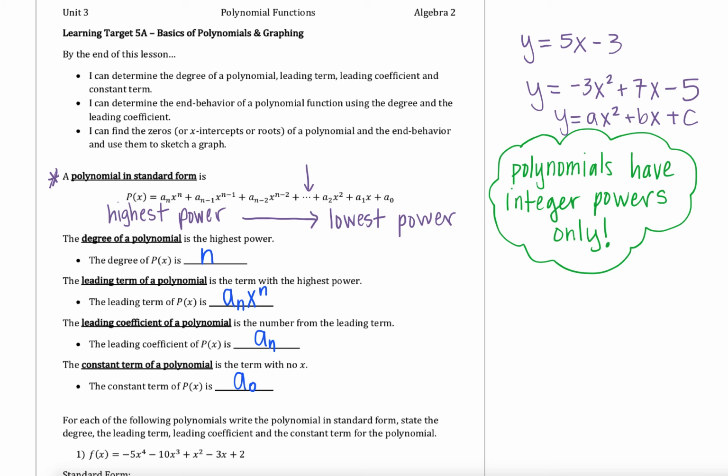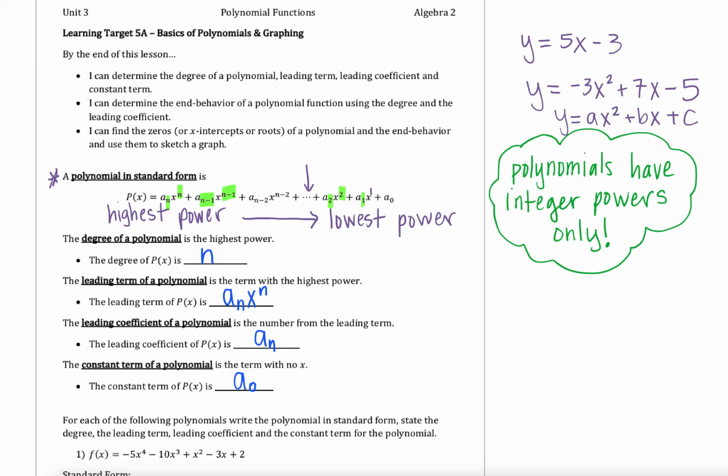Instead, we're using this notation where we have a with a subscript here. That n is our subscript that matches the exponent power there. So a sub n is attached to that x to the n power, and a sub n minus 1 is attached to the n minus 1 power on there, all the way down the line till we see a sub 2 is attached to the x squared term, and a sub 1 is technically attached to the x to the first term.